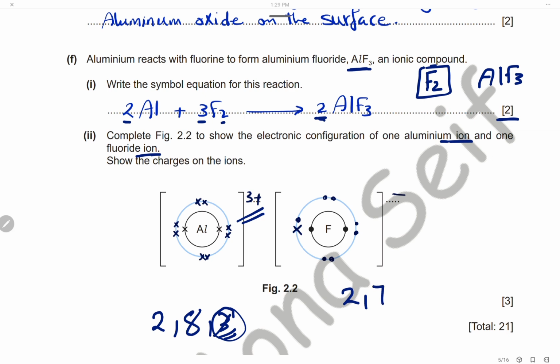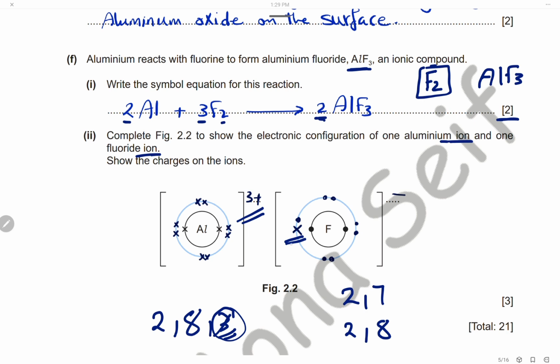Each fluorine atom will gain 1 electron from aluminium, so it will have 2,8. The first shell will have 2 electrons, and the second shell will have 7 electrons originally present from fluorine, which is represented by 7 dots, and 1 cross because this electron comes from aluminium.